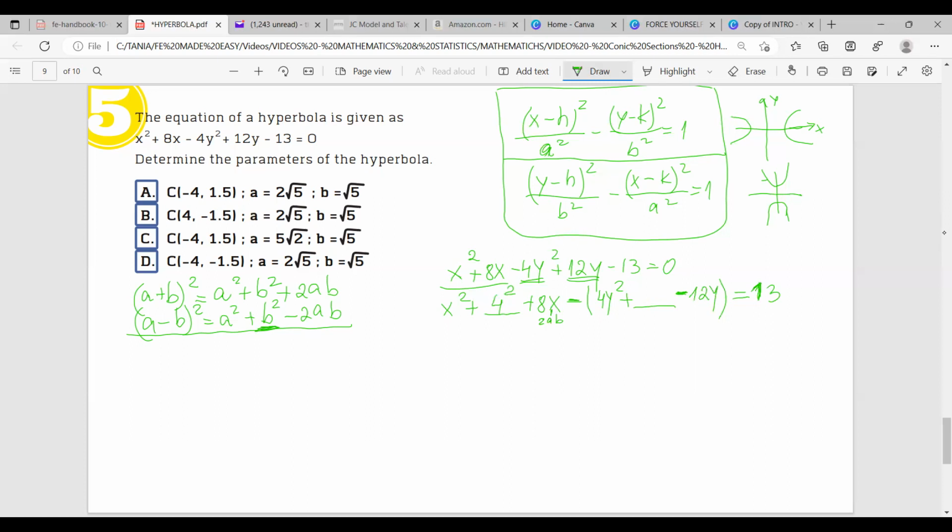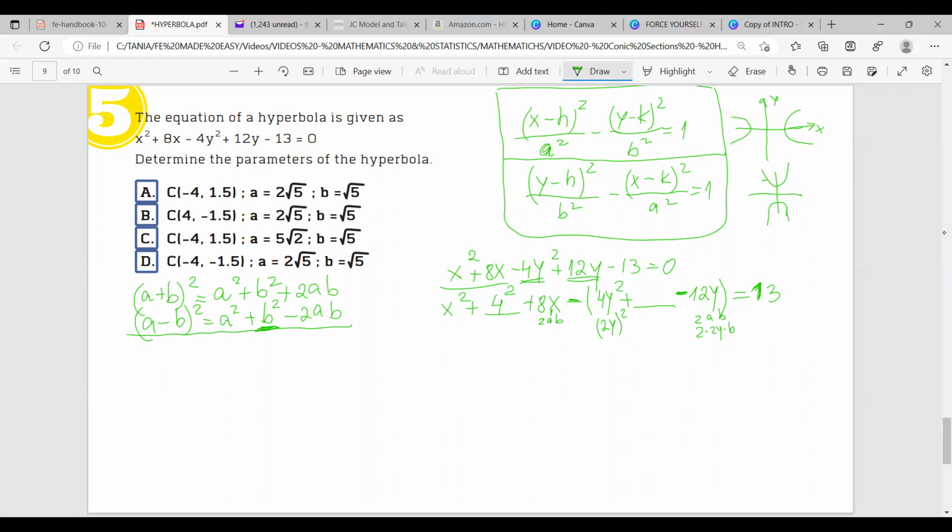Same thing on the other side. This is our a squared. We have 2y squared. And here we're going to have the 2ab formula. And we know our a, so we have 2 multiplied by 2y multiplied by b.